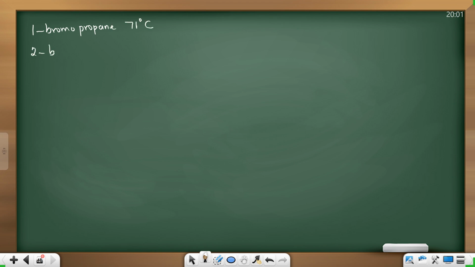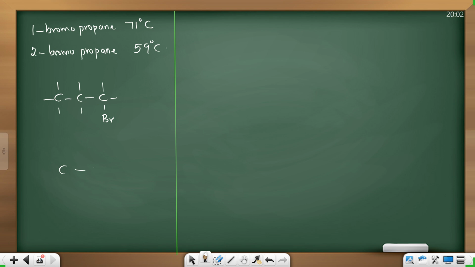I typed in 2-bromopropane, and I'm getting 59. Do you see? Everything remains the same. If I quickly draw a structure, because it's sitting on my terminal carbon, it's different from when it's sitting in the middle. It becomes more spherical.